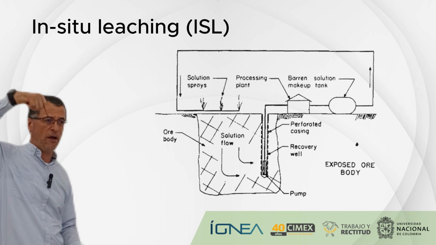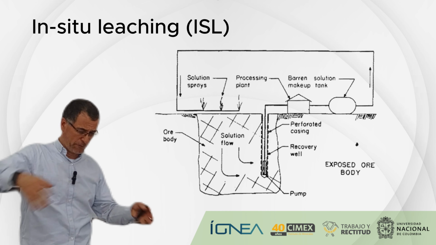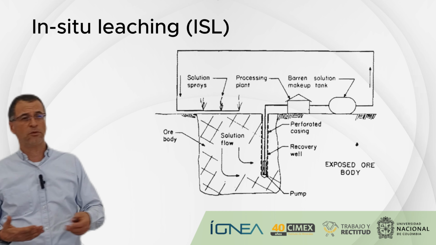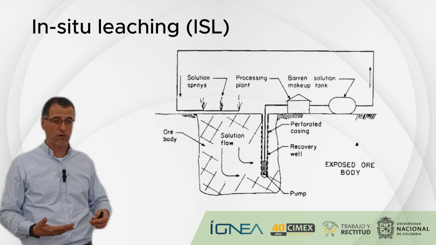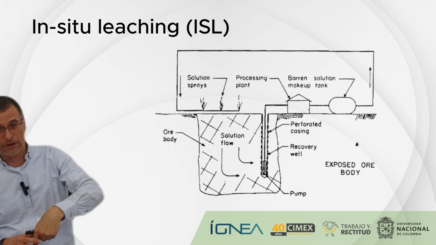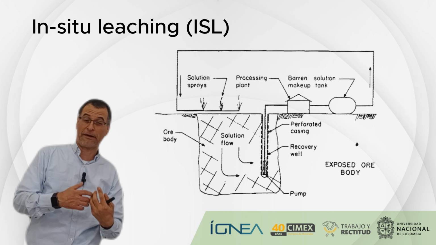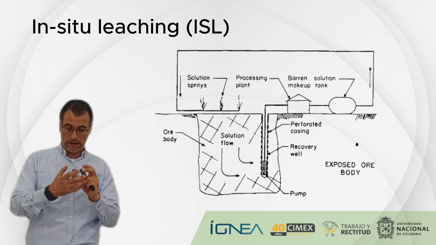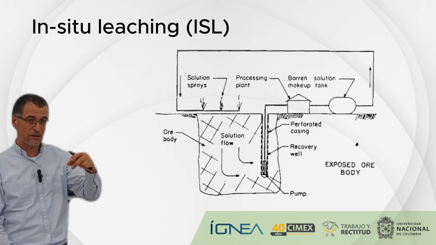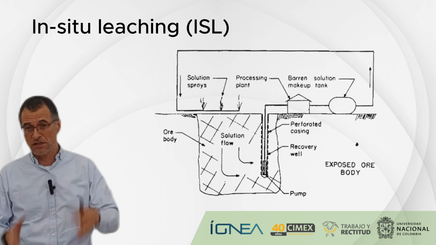You have to make a hole in order to prepare the field. The ore in the terrain has to be in conditions where it is possible to drill, inject the reagent, and make the solution and the reaction between the reagent and the solid, and then you extract the solution and go to the processing plant. This is in situ leaching.